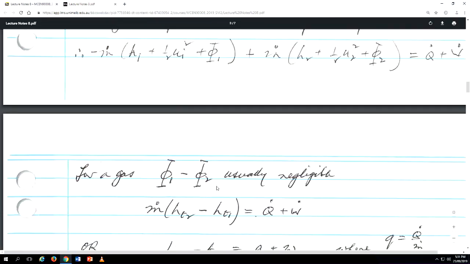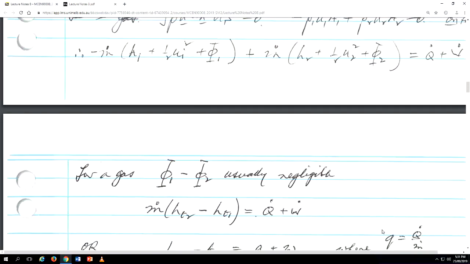So this is H2T on the left, and this is H1T, and it'll be m dot times (H2T minus H1T) equals Q dot plus W dot. That's incredibly simple.